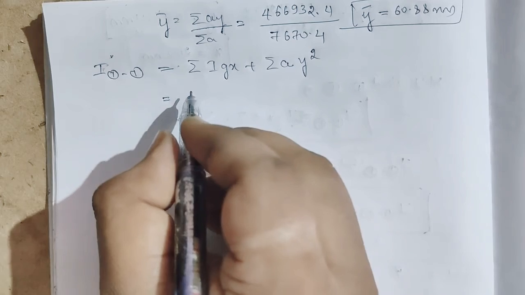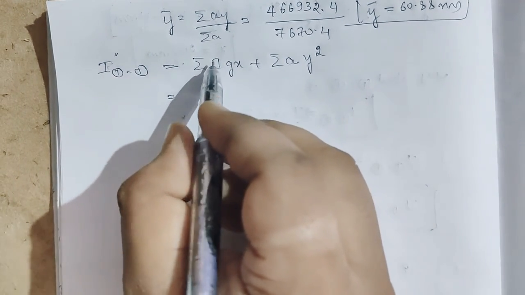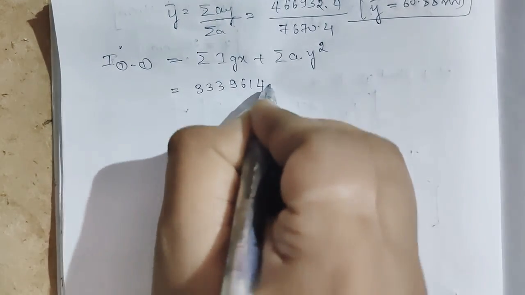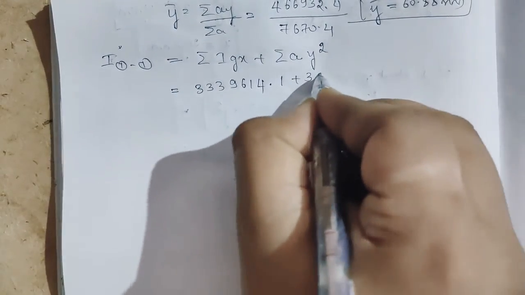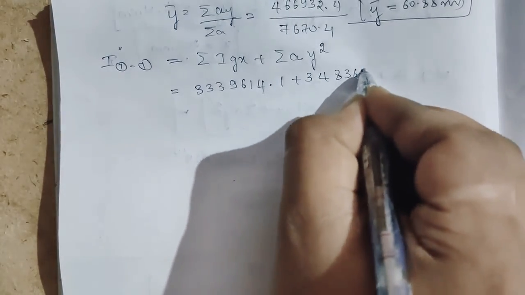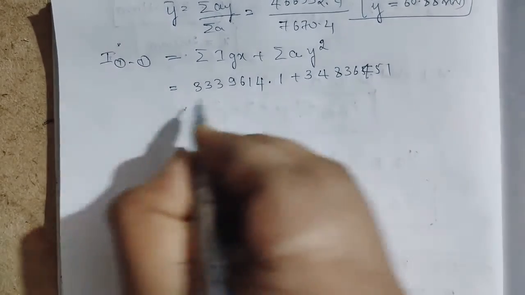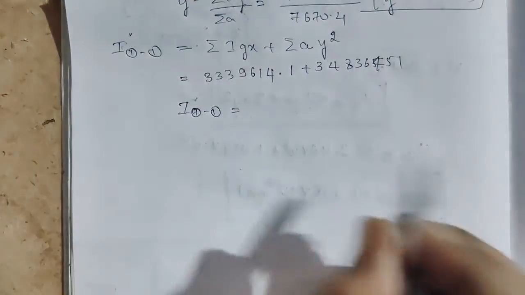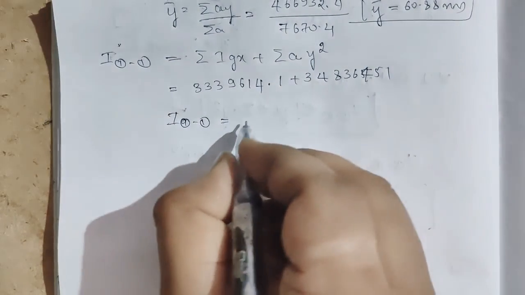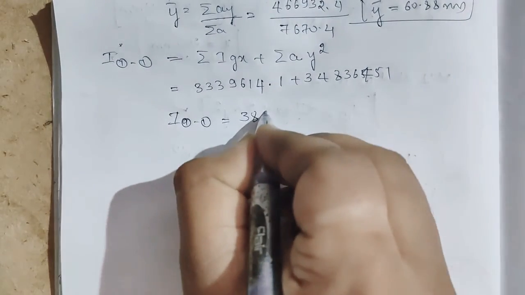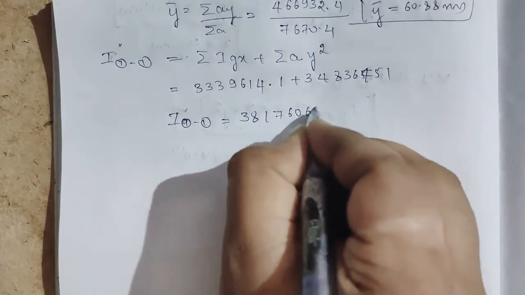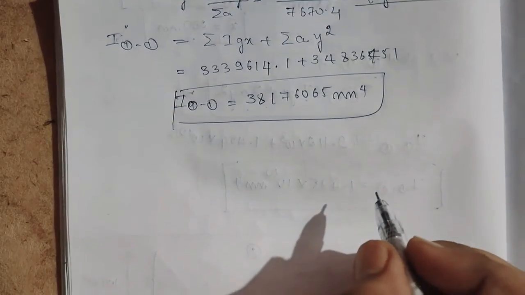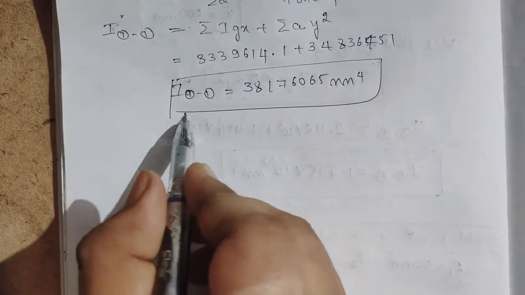So this value I got as 3339614.1, and this value I got 348364.51. So the moment of inertia about the axis 1-1 is equal to 38176065 mm to the power of 4. So this is the moment of inertia about 1-1 axis.